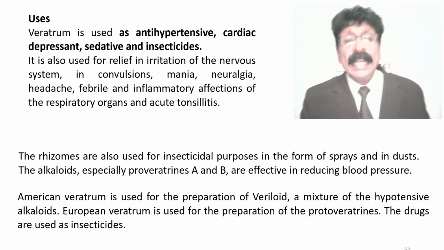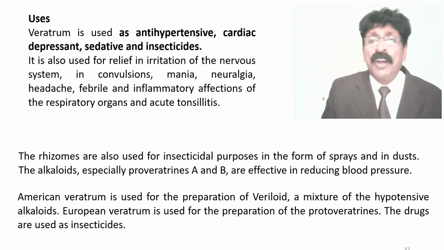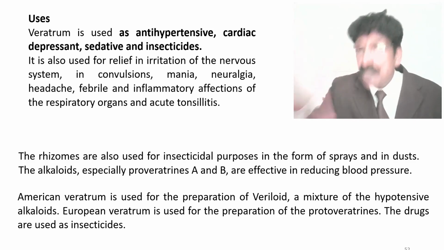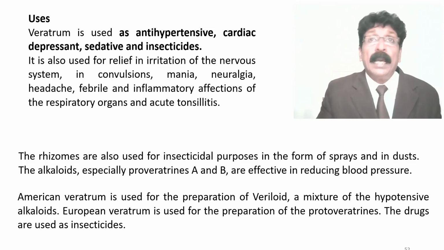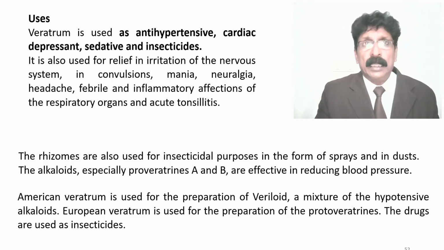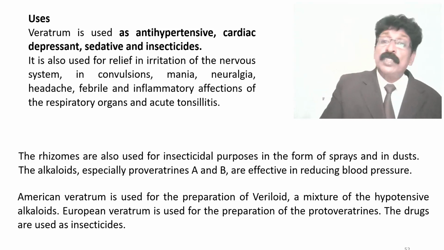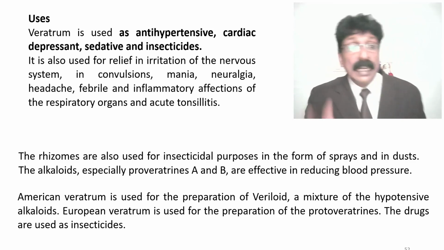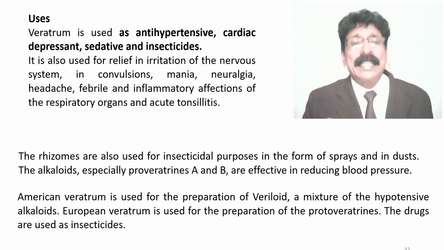American Veratrum is used in the preparation of Veratroid, a mixture of hypotensive alkaloids, reducing BP. European Veratrum is used in the preparation of protoveratrines. The drug is used as an insecticide.